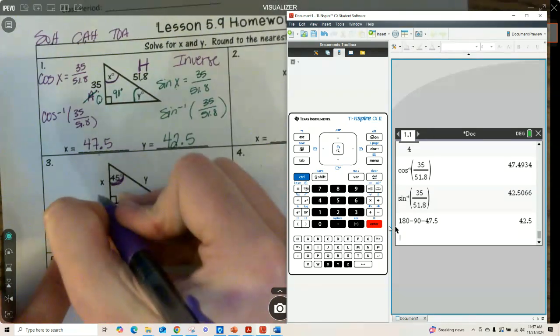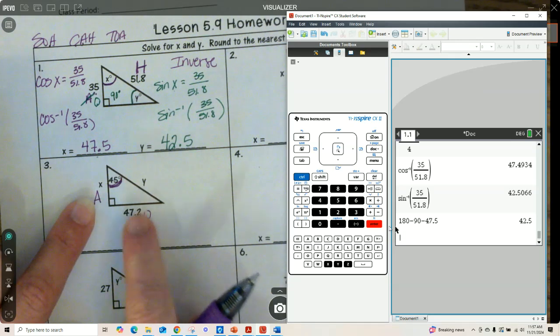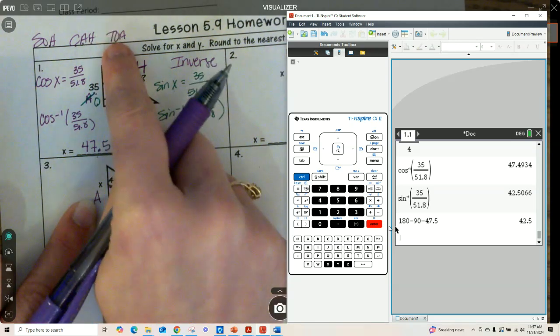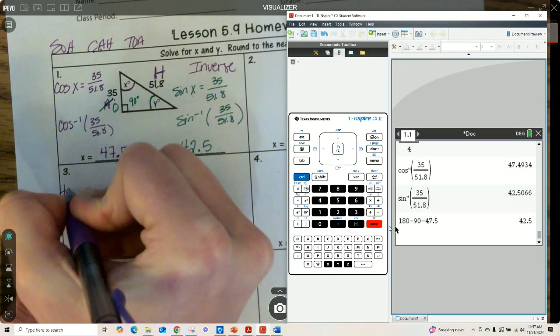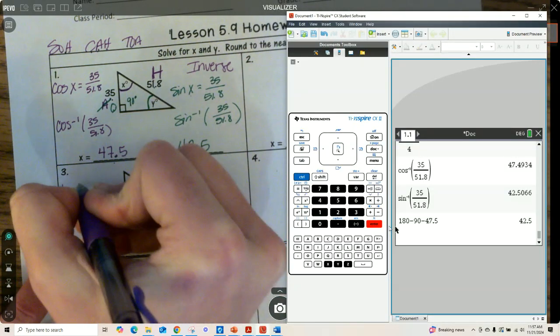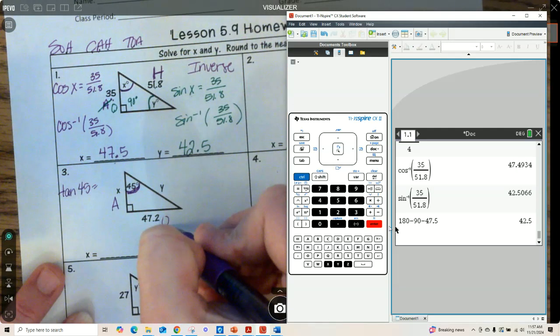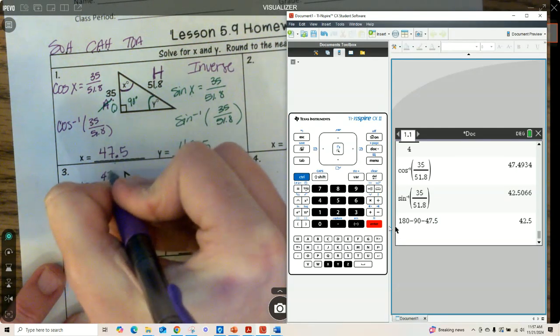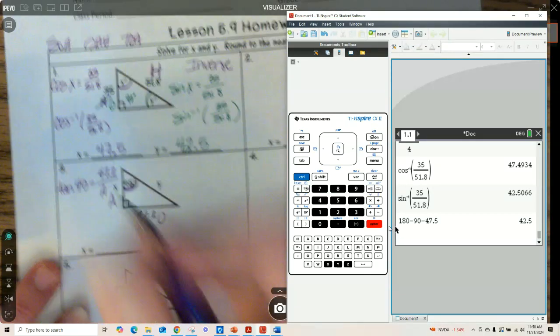So let's do X first. So we're only focused on these two letters, O and A. O and A goes with tangent. So we would do the tangent of that angle measure. O comes first, so the opposite has to go on top over the adjacent.